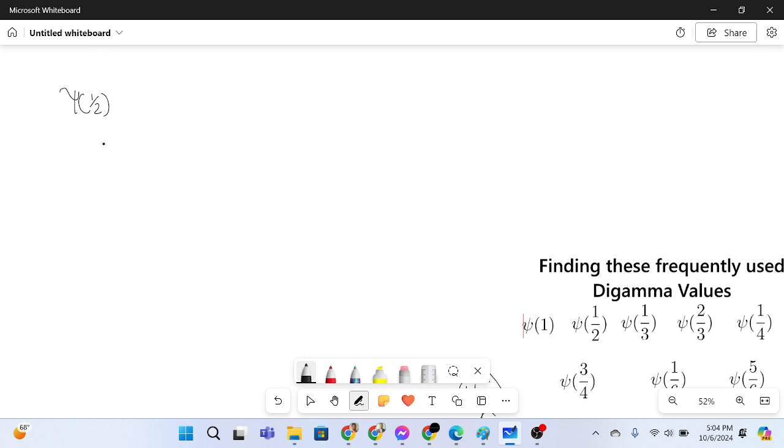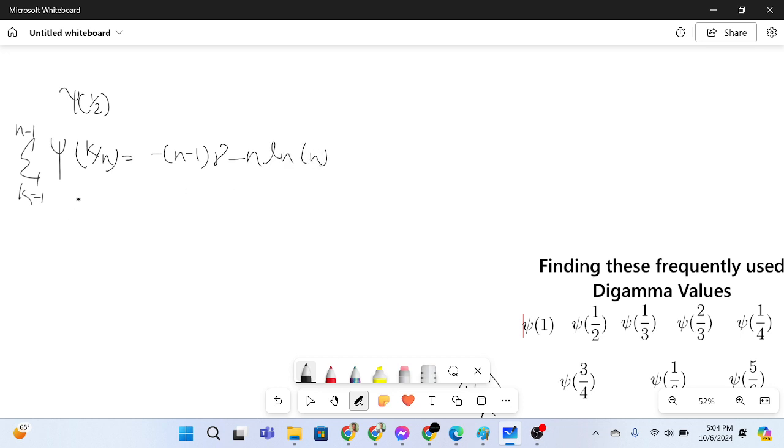So if we use the formula, the sum of Digamma of k by n, k equals 1 to n minus 1, will be minus n minus 1 times the Euler-Mascheroni constant minus n ln n.